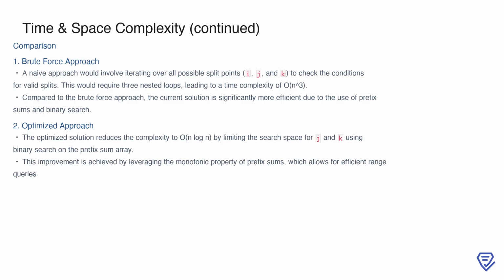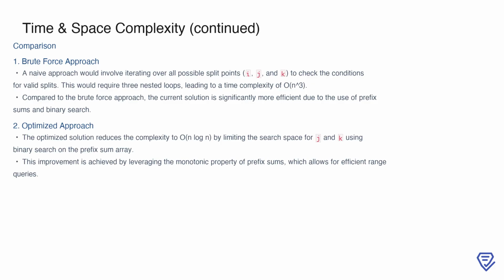To understand the efficiency of this solution, let's compare it to a brute force approach. A naive solution would involve iterating over all possible split points, i, j, and k, to check the conditions for valid splits. This would require 3 nested loops, leading to a time complexity of O(n cubed). Such an approach is computationally expensive for large input sizes.